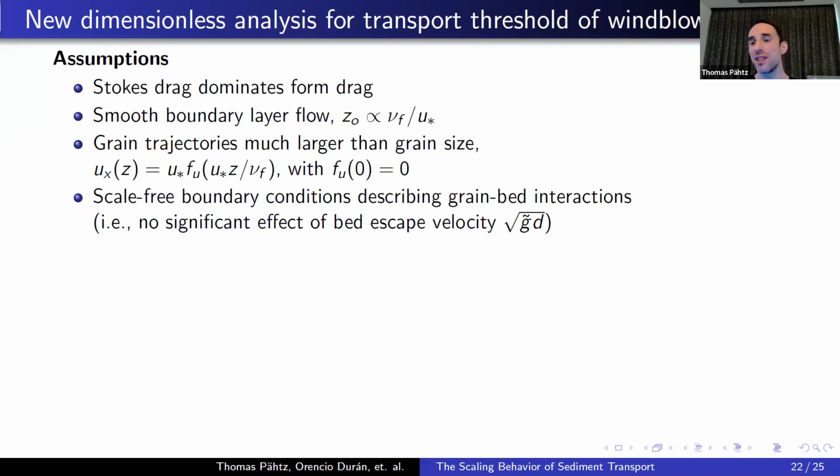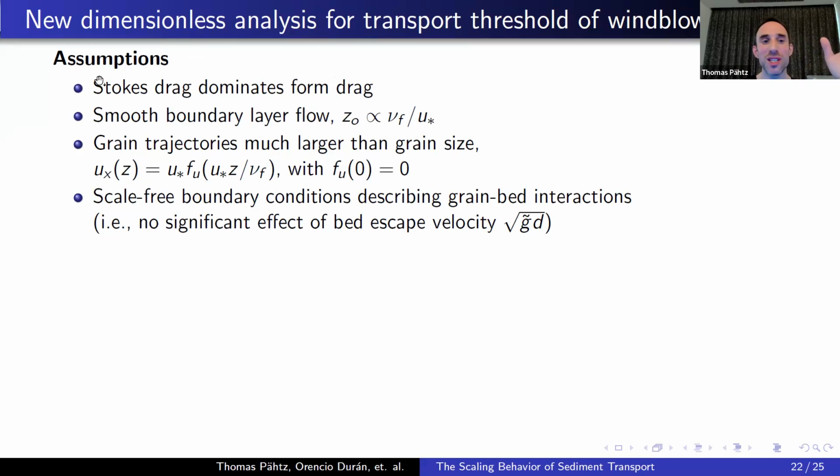On Mars, the fluid density is hundreds of times less than on Earth. So there the viscosity is relatively high, generally speaking. But in addition, even when the viscosity is not high, we have, from our experience with our simulations, found that Stokes drag tends to dominate form drag even on Earth. So that is assumption number one.